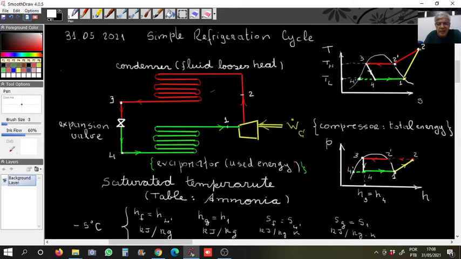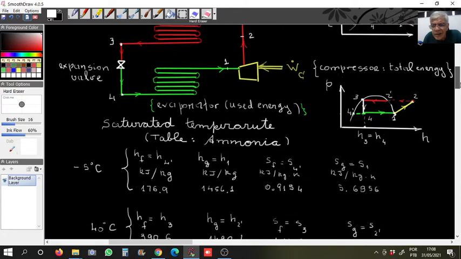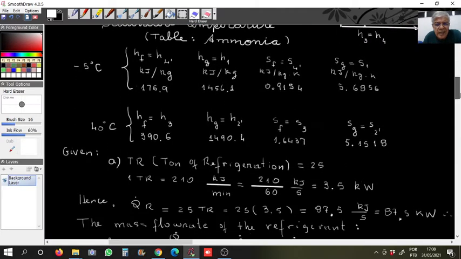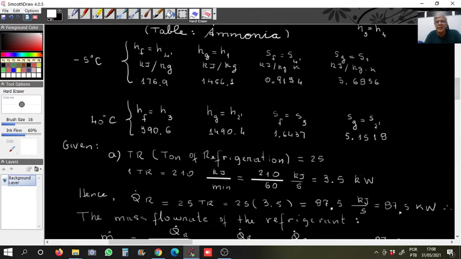Now this is the equipment, the refrigeration cycle, and then we'll talk now about the table. This is the ammonia. This is a table. This is minus 5 degrees centigrade, and this is 4 degrees centigrade.